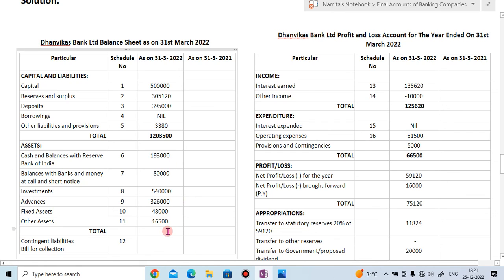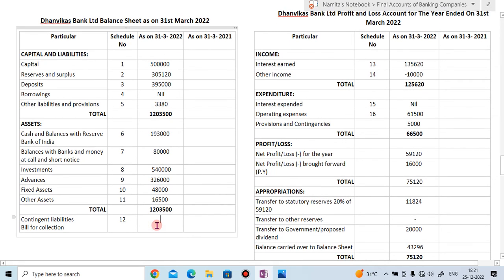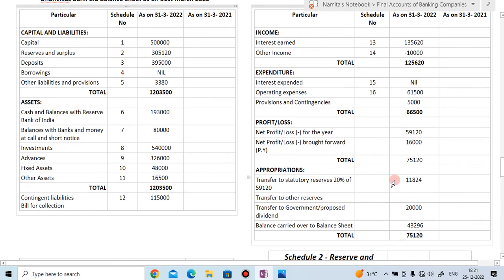Okay, now add all the assets, so total will be 12 lakh 3,500. So you can see liabilities and asset total is same, and what is remaining, schedule number 12, that is 1,15,000. Okay, so in this way you have to prepare the balance sheet and profit and loss account of the bank. Thank you.